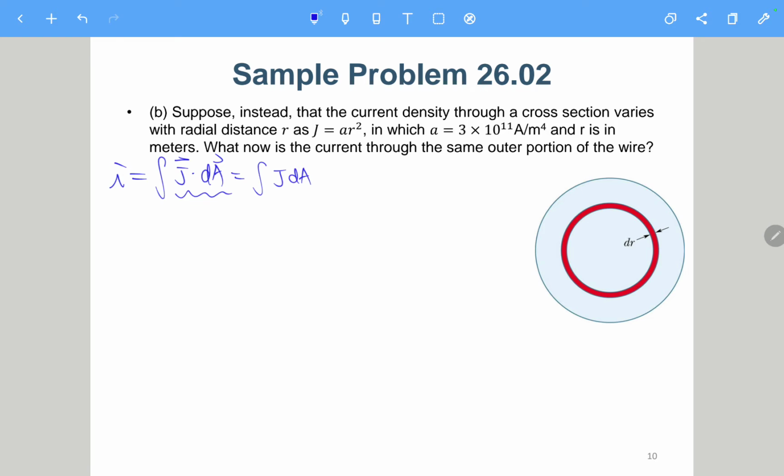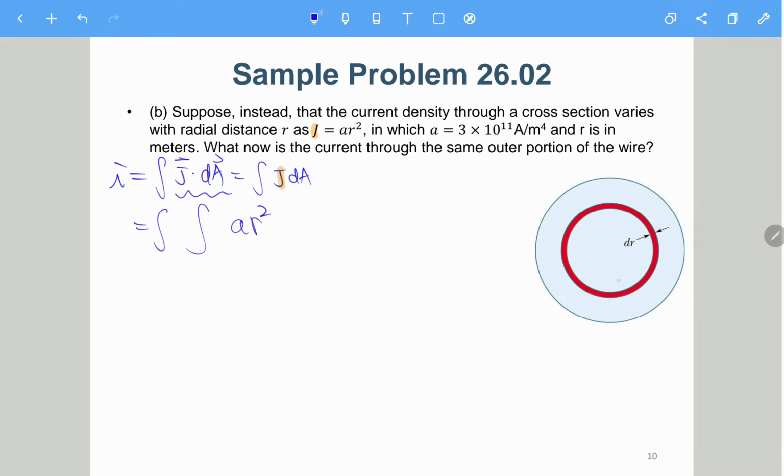And then we try to plug in J. This J is this J, so J is actually AR squared.